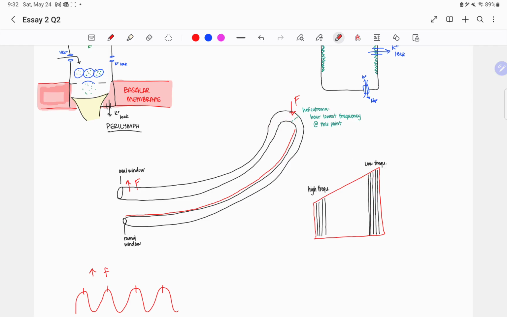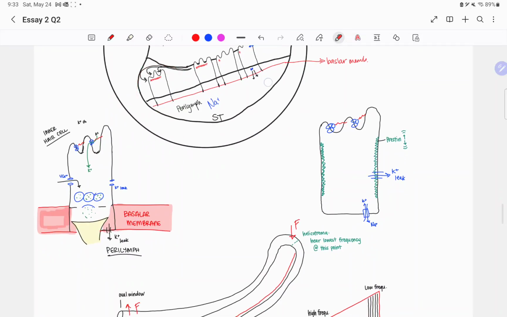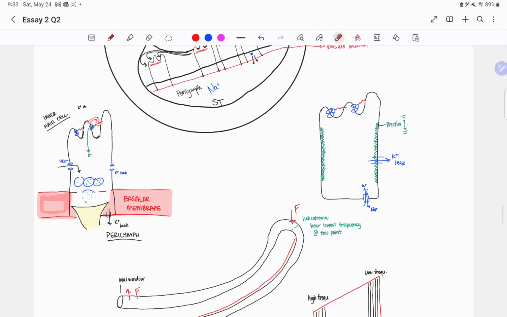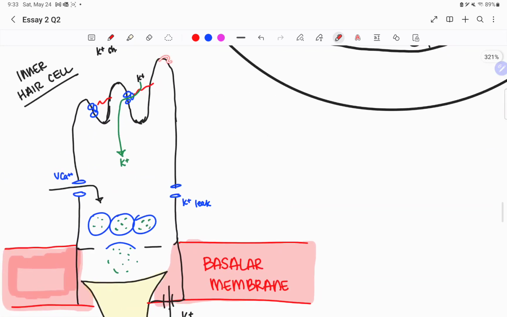Okay, and then that all turns into action potentials, right? When it interacts with this inner hair cell. What's cool about these is they are mechanically gated. So if one of these hair cells bends this way, then it pulls on this. It's like a little chain connecting the hairs together. It pulls this chain out, opens up this gate, and then potassium rushes into the cell.